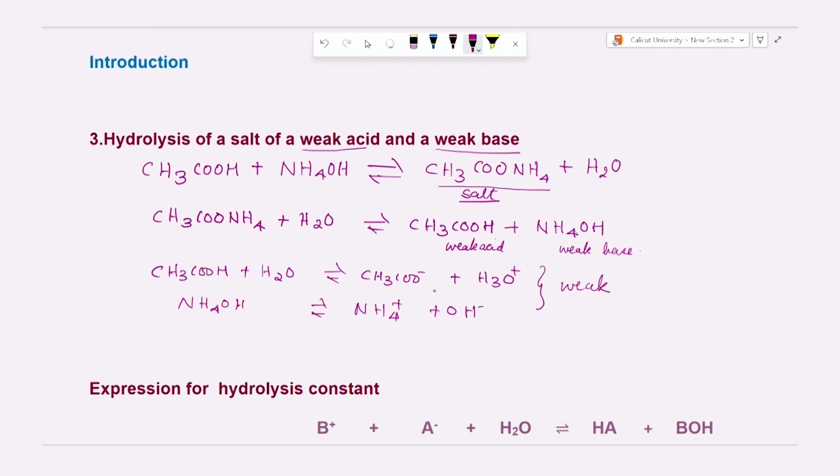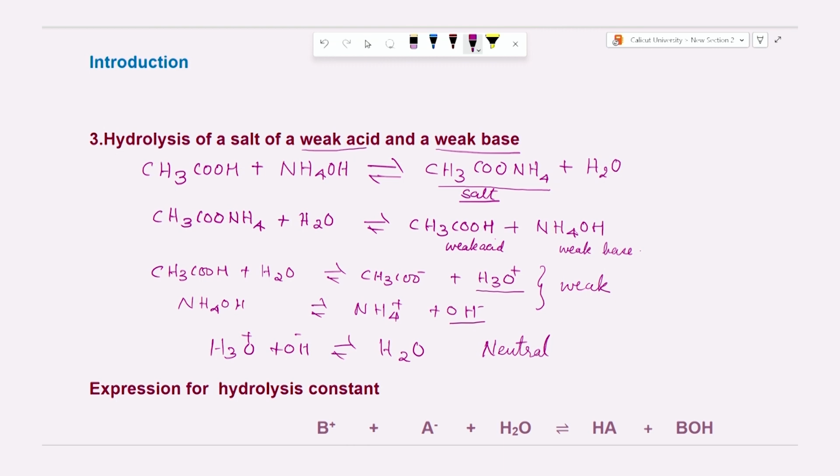Now, what happens is we have H3O plus and OH minus ions, and these two can combine together and get converted into neutral water. So, mostly in these cases the solution will be neutral, and there might be slight changes.